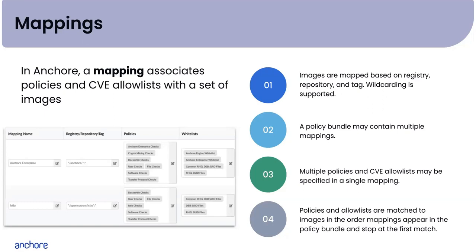So those are just two quick and easy examples, but you can quickly build out a list of allowed entries for each specific application. And the way you allow those to be mapped appropriately is by using mappings.